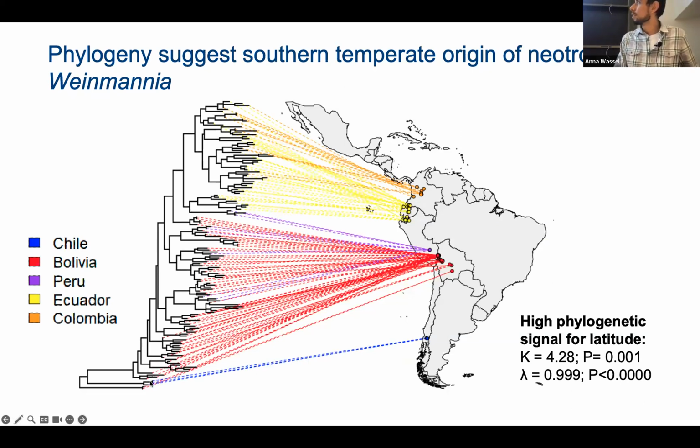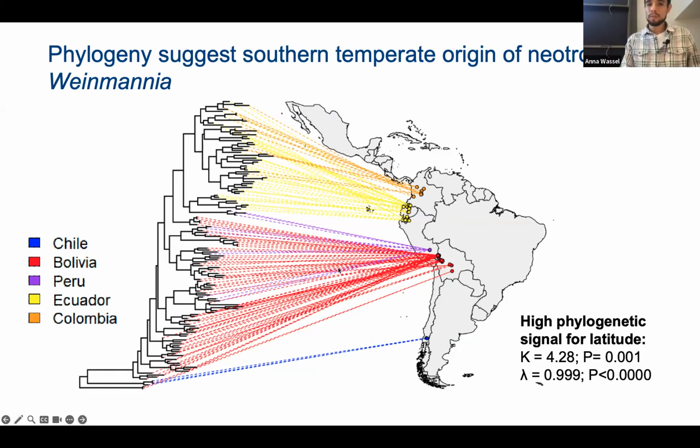As we can see, for instance, species from Chile, Weinmannia trichosperma, and the southernmost species of Bolivia, Weinmannia boliviensis group, are placed near the root of the tree. We can see a gradient of sort of a northward dispersal from south to north. So basically the lineage has diversified as it dispersed towards north.